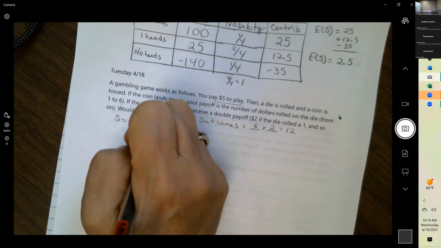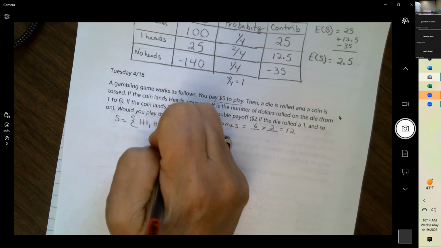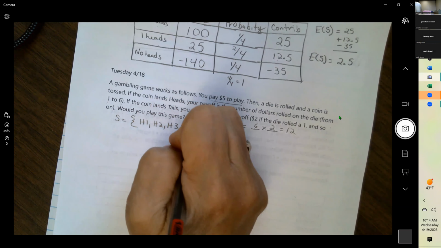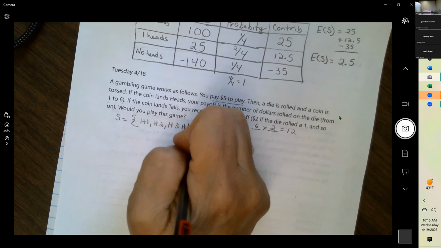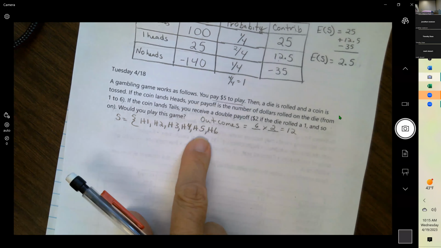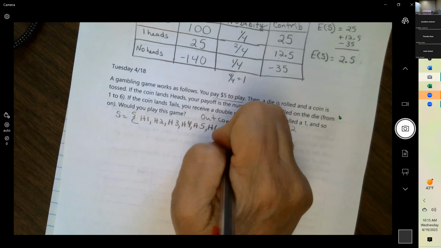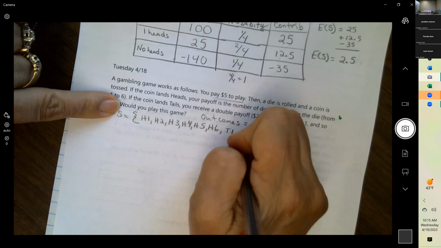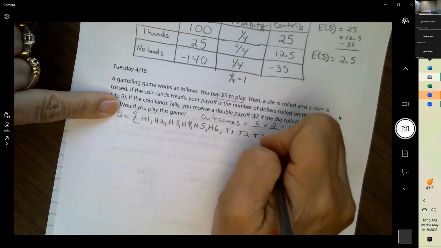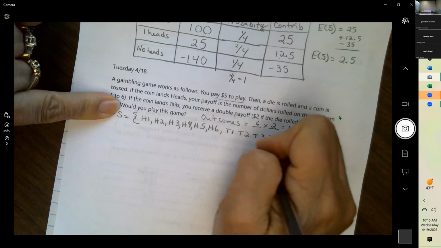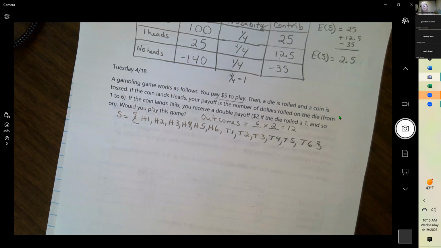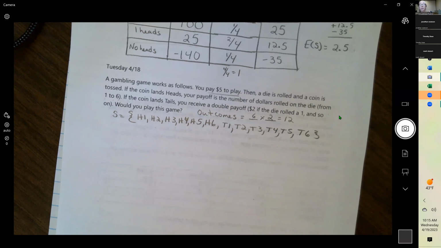Heads with a 1, heads 2, and so on, all the way to 6. Those are all the cases if we toss a heads. And then there's the tails with all of them. Tail 1, tail 2, tail 3, tail 4, tail 5, tail 6. No, it didn't ask you to list them all, but it definitely helps you find the probabilities if you list them all. And there should be 12 of them. Any questions so far?